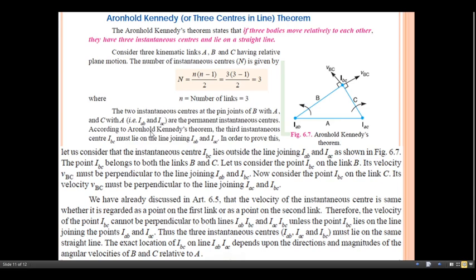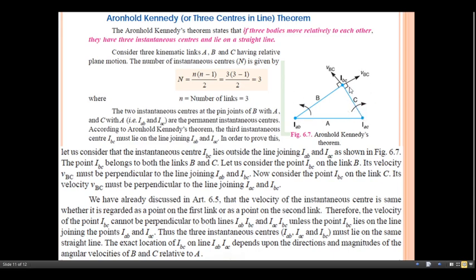According to Kennedy's theorem, the third instantaneous center IBC must lie on the line joining IAB and IAC. In other words, to prove this, let us consider that the instantaneous center IBC lies outside of the line joining IAB and IAC, as already drawn in this diagram.